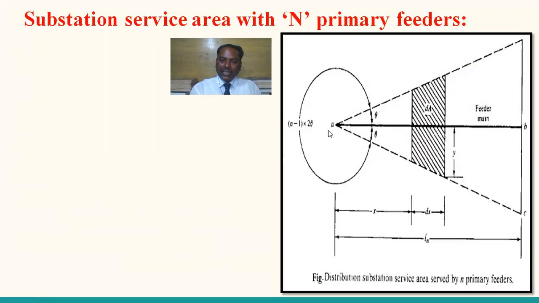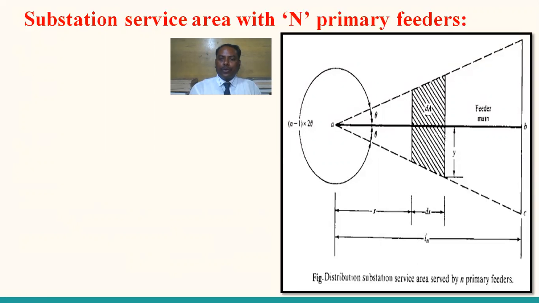That feeder's feeding point is A. From there it feeds to B. This is the length of the feeder, Ln, and the area covered is up to B to C.